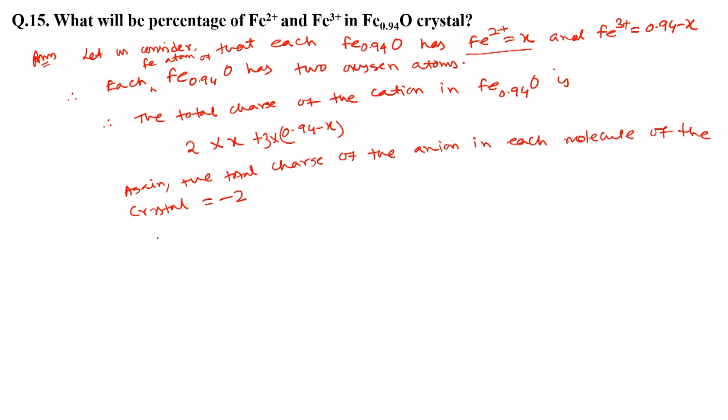Therefore, we can write 2x plus 3 times (0.94 minus x) minus 2 equals 0, because Fe0.94O is neutral. If we now calculate, we get minus x is 2 minus 2.82, and we get the value of x. So x is 0.82.